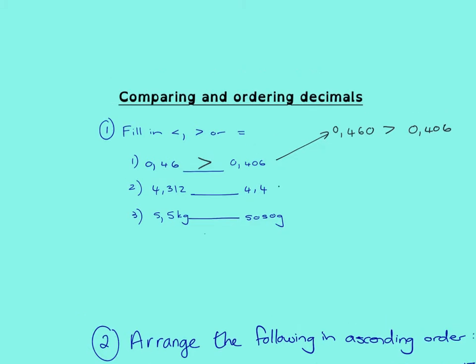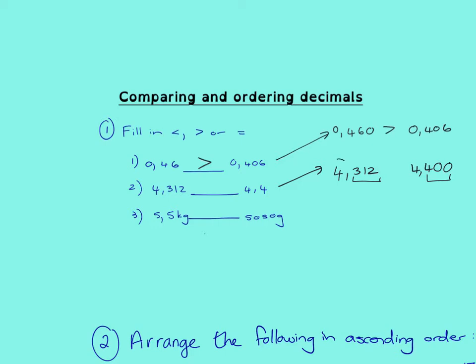So then for number two, same idea. We're going to fill in the spaces to match up the decimals. So we have 4.312, apologies, and then 4.4, then nothing. So we're going to fill in a 0, 0, so that we have 3 decimals after the comma. So we are working with comparing 312 to 400.